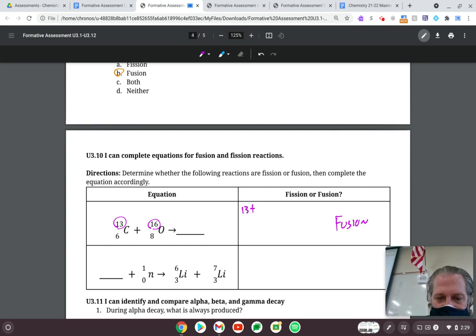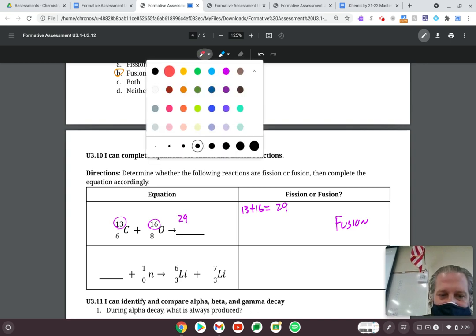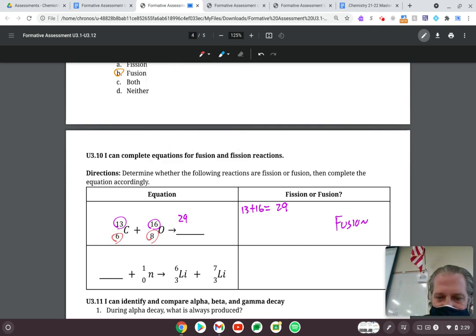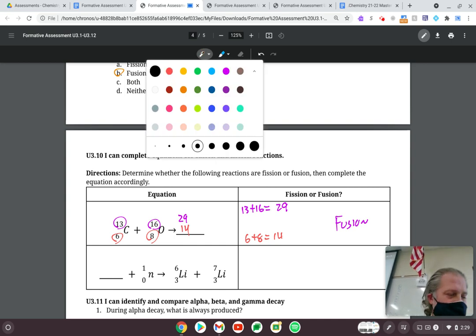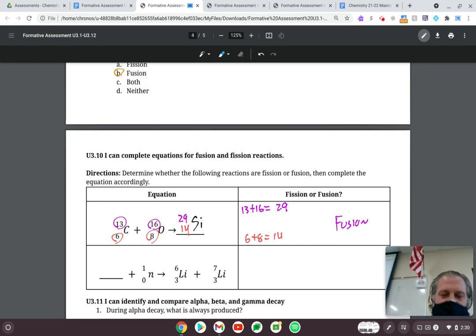So I'm going to take 13 plus 16, and that's going to be 29. So that's going to go up here. I'm going to take 6 plus 8, and that's going to be 14, and that's going to go down here. I'm then going to go to the handy-dandy periodic table and identify element 14, which is silicon.